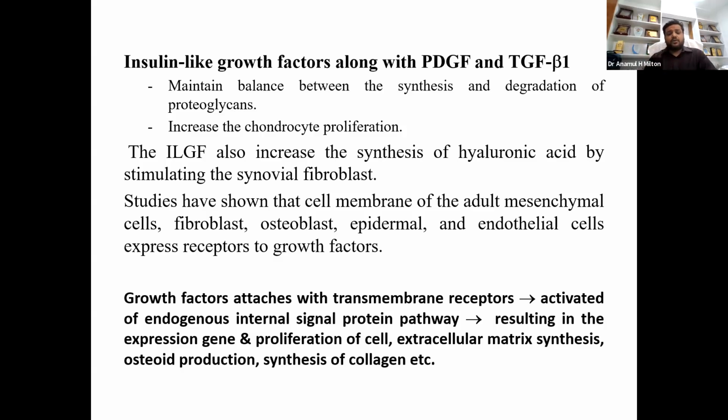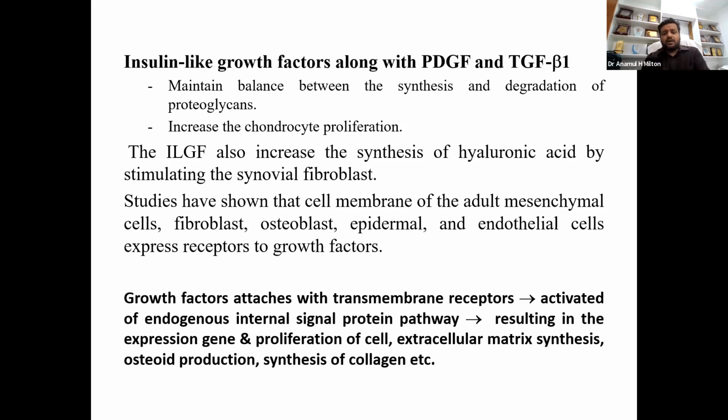And insulin-like growth factor also synthesizes hyaluronic acid by stimulating the synovial fibroblast. So it helps with the osteoarthritis-related changes in the joint.